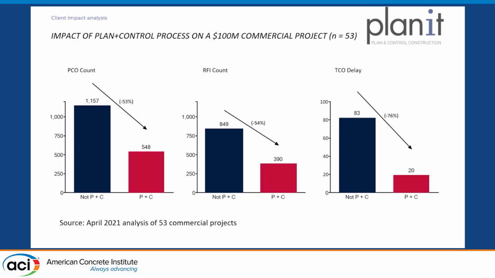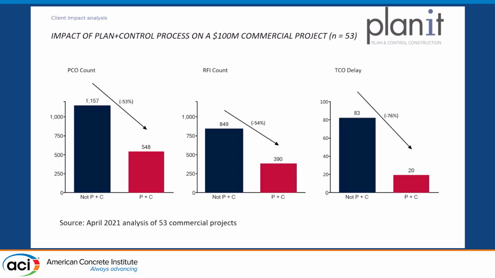They saw on average a 53% decline in PCOs and a 54% decline in RFIs. I have to say, we don't take the RFIs away, we just put them before construction. So if you look at the actual elimination of RFIs during construction, we track more like in the 90% range. And then TCO delay was reduced by almost 80%.